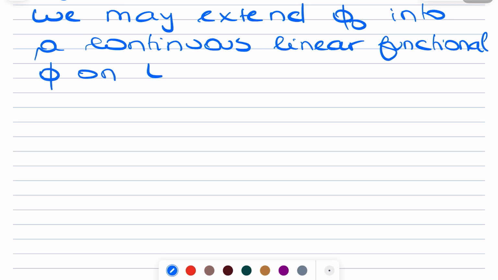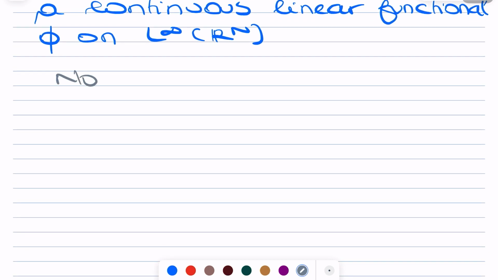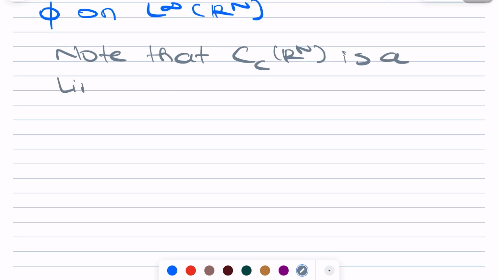on L infinity of Rn, because, let me just write it here, note that the space of continuous functions with compact support on Rn is a linear subspace of L infinity of Rn.